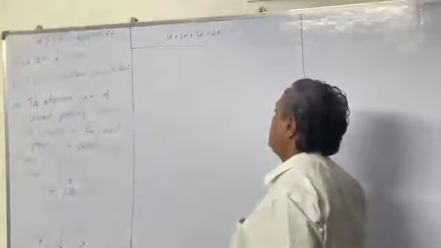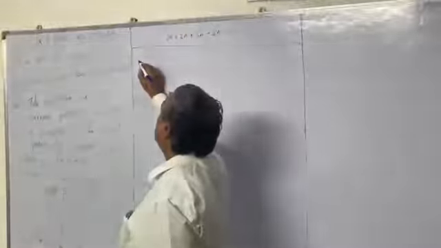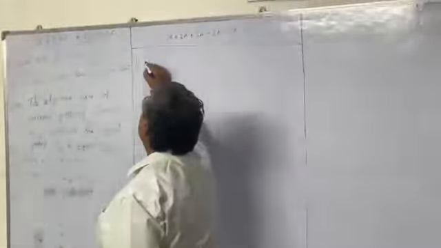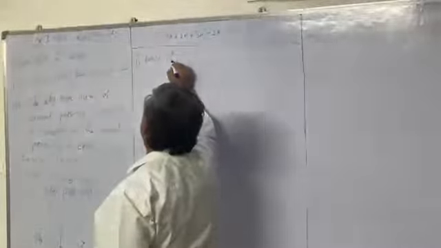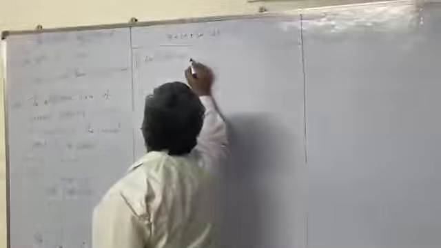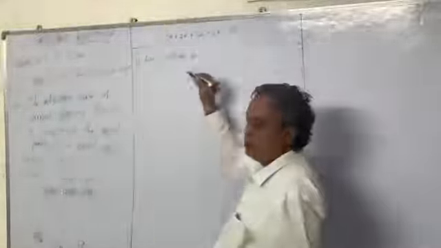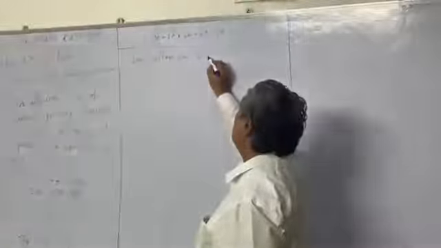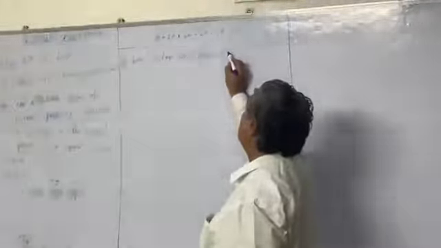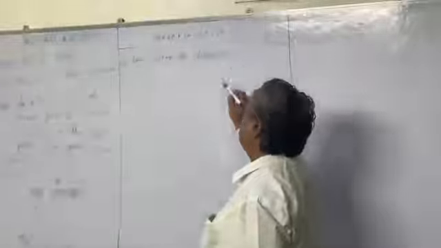Now, the second law, or voltage law, or voltage loop law. That is the loop. There are loops in this loop law.